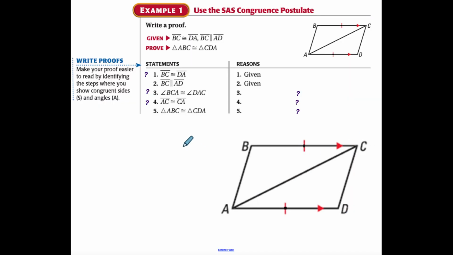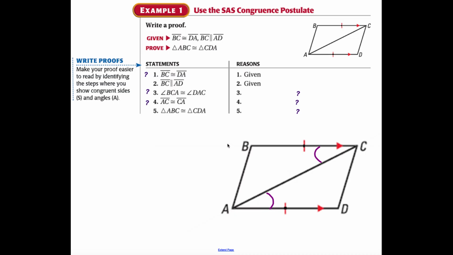How is that going to help us? Well, let's think about it, okay? Why would this angle that they're telling us about, BCA, that's this guy right here, right, be congruent to this guy down here, DAC? Well, this is where we have to use those parallel lines.